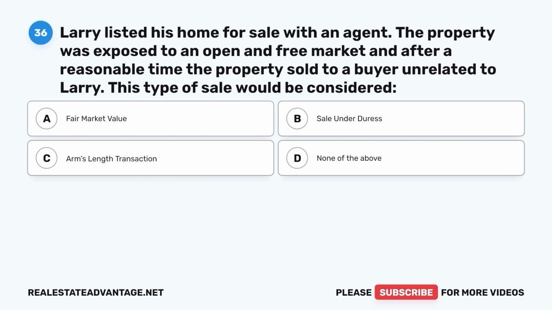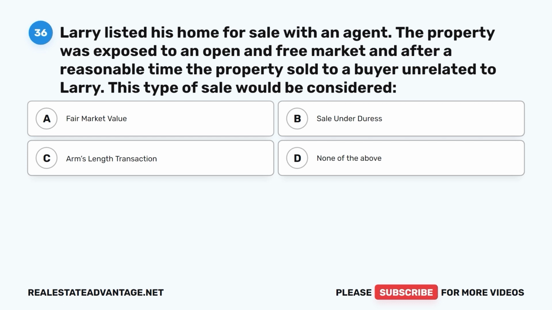Question 36. Larry listed his home for sale with an agent. The property was exposed to an open and free market, and after a reasonable time, the property sold to a buyer unrelated to Larry. This type of sale would be considered A. Fair market value, B. Sale under duress, C. Arm's length transaction, D. None of the above.